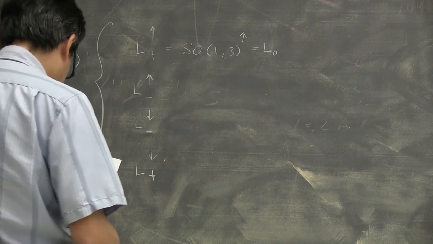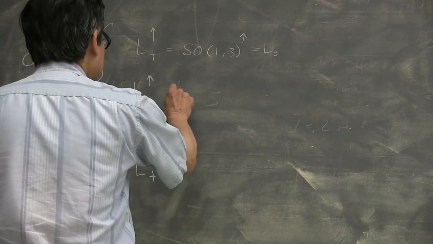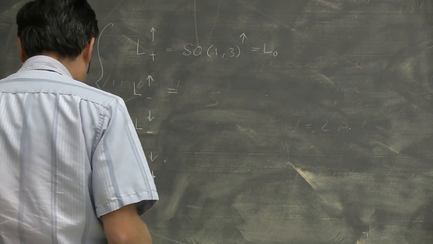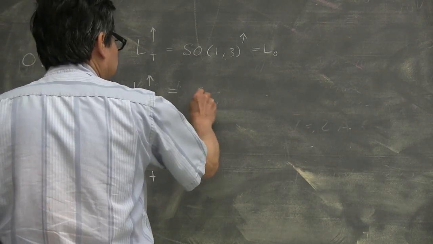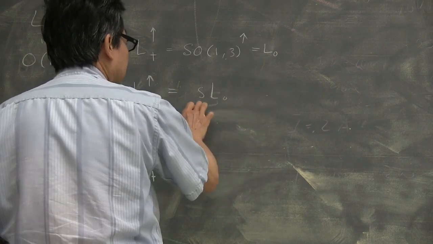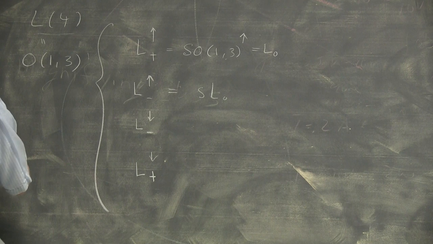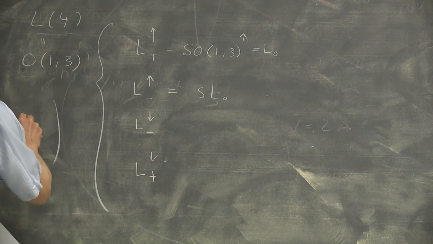And you can treat this as being equal to, since the determinant is -1, it involves either a spatial inversion or time inversion. So this one can be formed out of multiplying the things in L sub 0 by the spatial inversion, which is flipping the signs of all the spatial components.